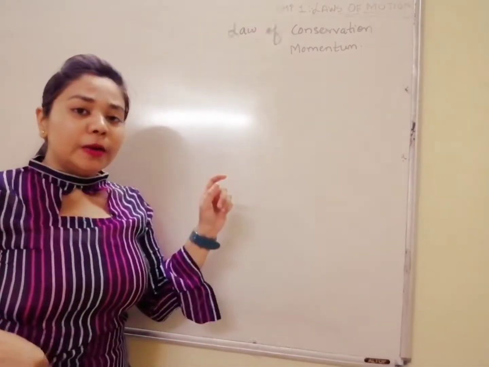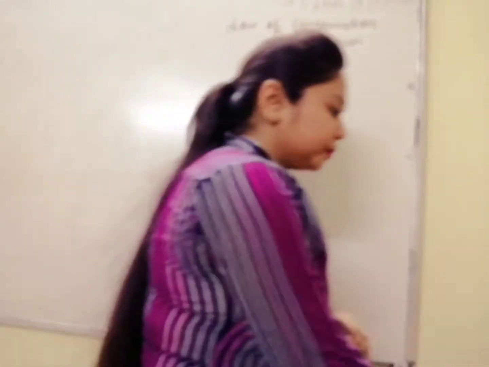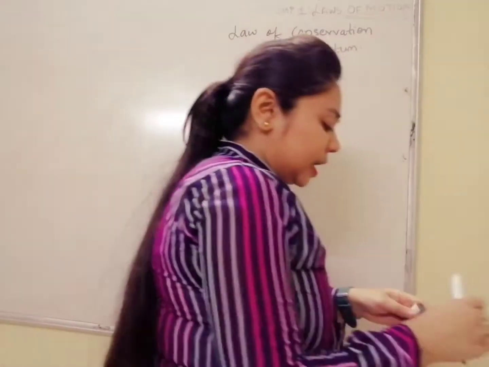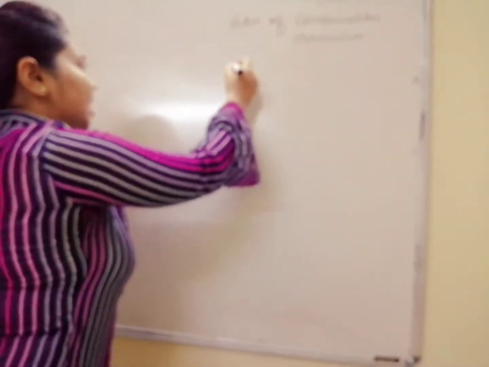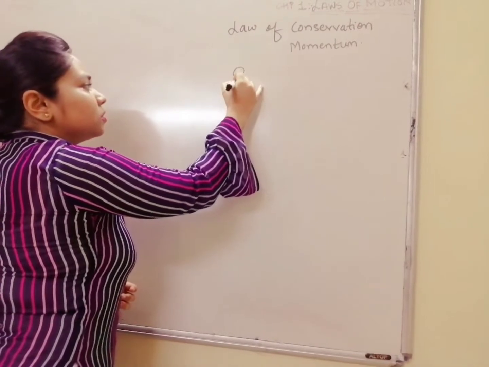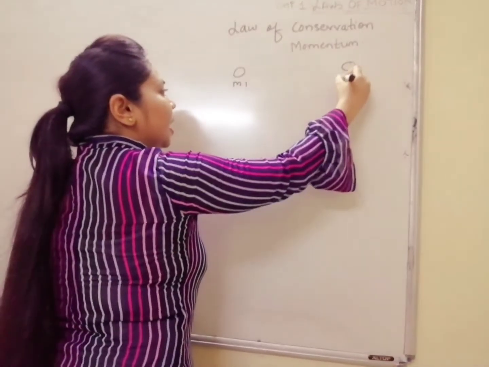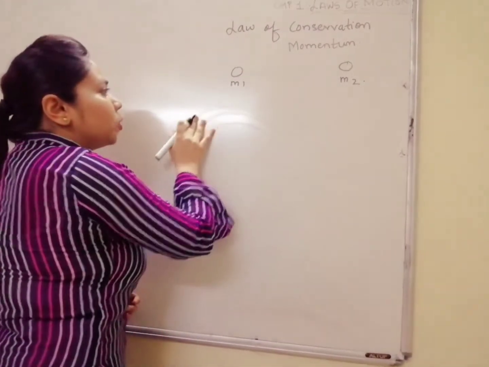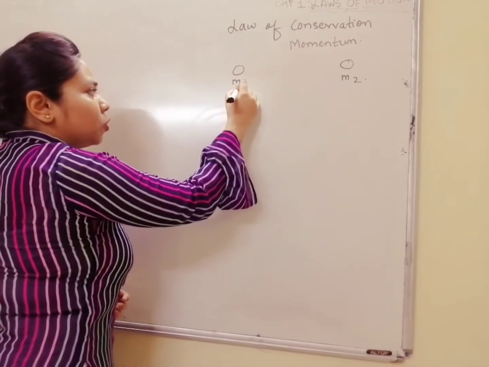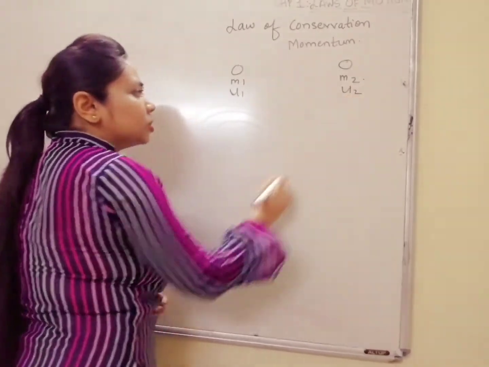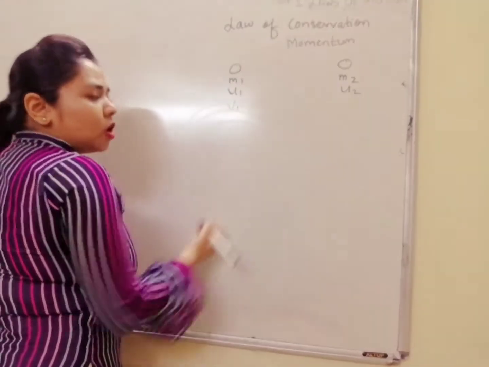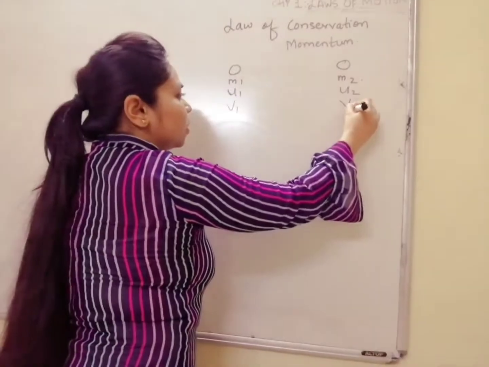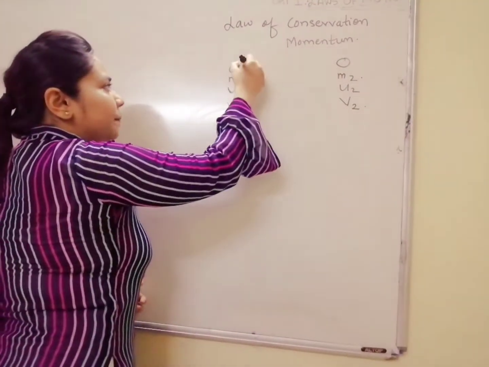Now how will it be possible? Let us study. Let us suppose there are two objects having mass m1 and mass m2, having initial velocities u1 and u2, and final velocities v1 and v2. Now what is happening?